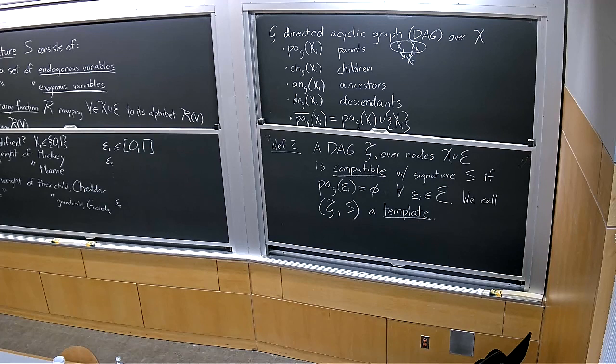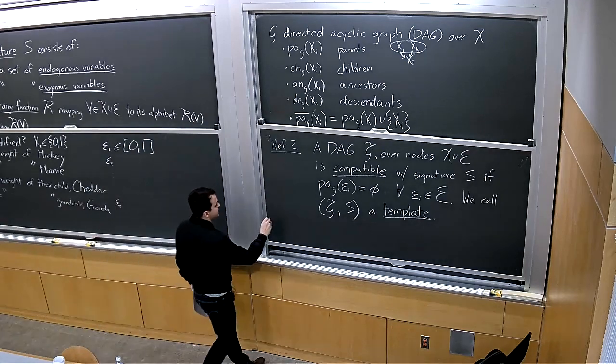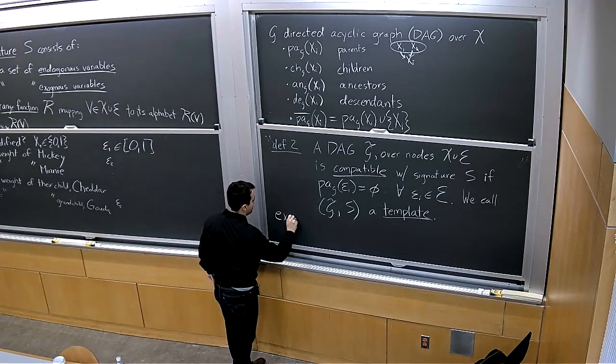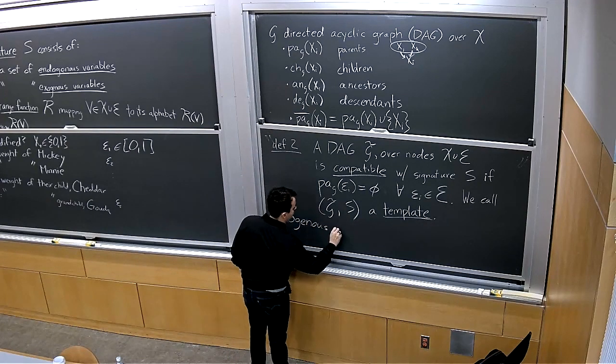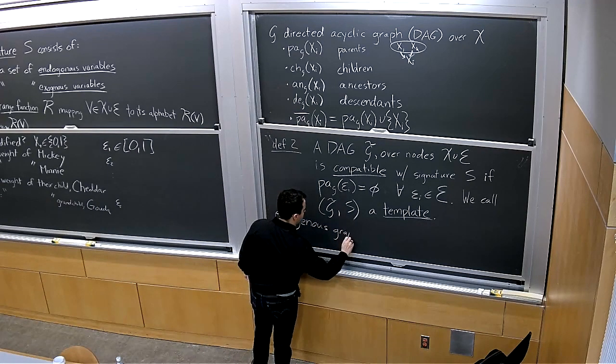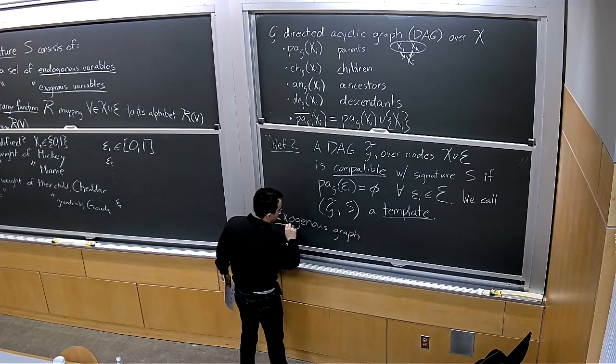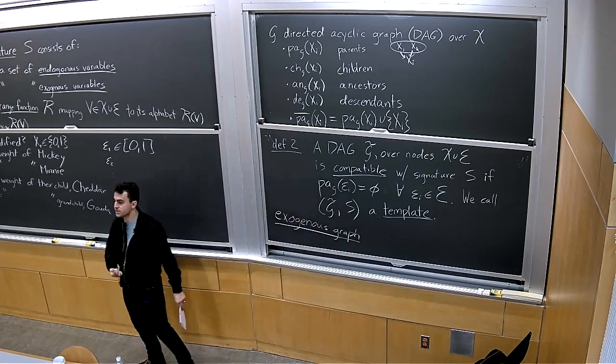One thing about this graph, let me just put it here, is that we're going to call this graph the exogenous graph, because it includes the exogenous variables.